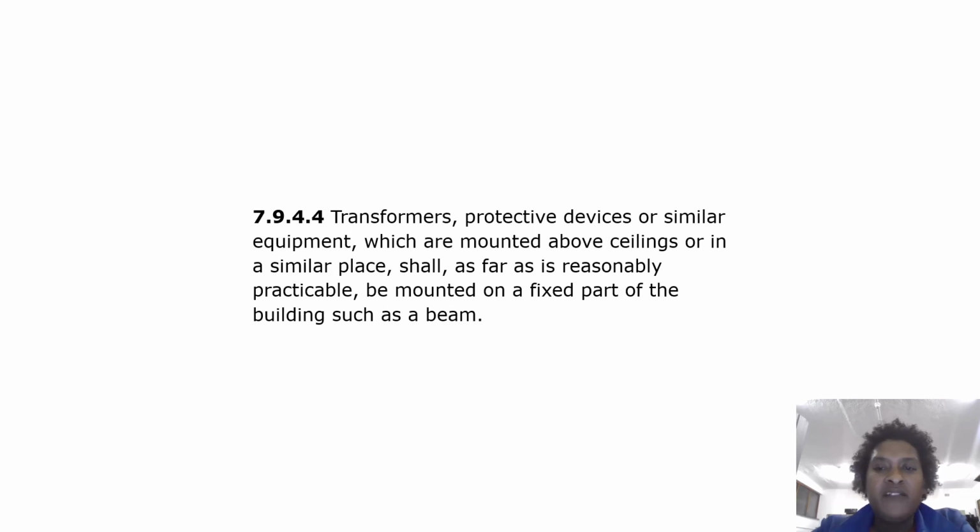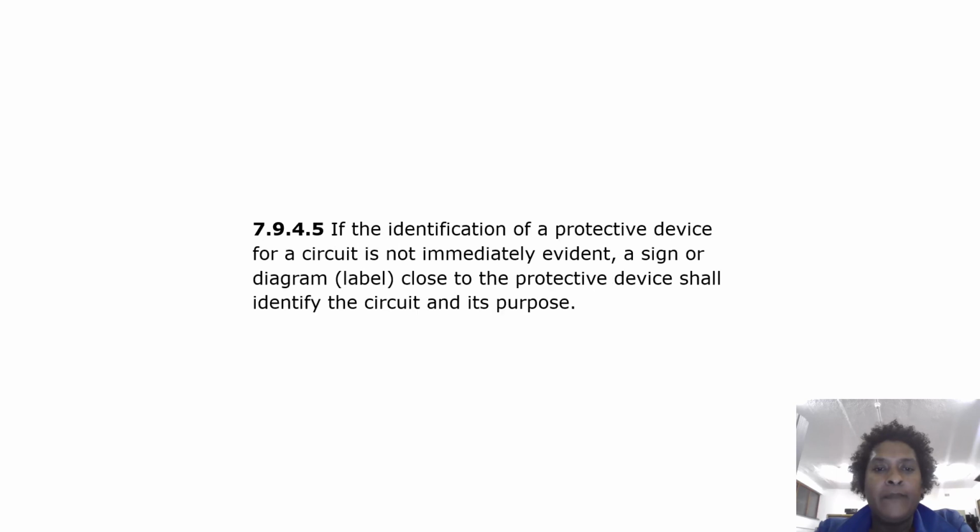Transformers, protective devices or similar equipment which are mounted above ceilings or in a similar place shall, as far as is reasonably practicable, be mounted on a fixed part of the building such as a beam. If the identification of a protective device for a circuit is not immediately evident, a sign or diagram label close to the protective device shall identify the circuit and its purpose.